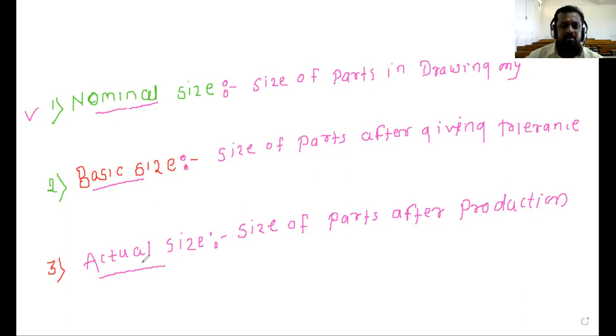So the size in the drawing only is the nominal size; when we give the tolerances to that size, we call it the basic size; and after the production, whatever actual size is measured, it is called the actual size of that part.